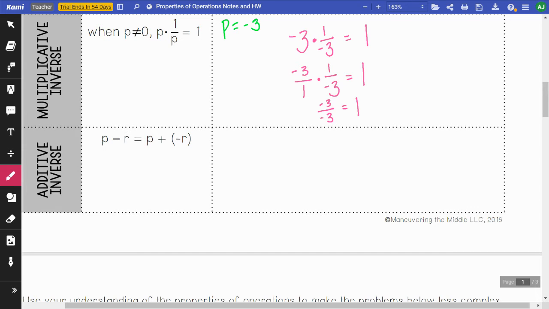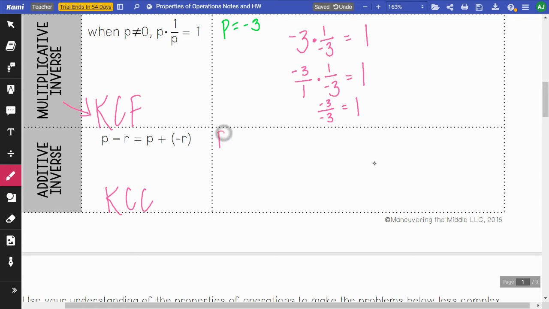So that's just helping you make it not as complex. All right, we also have our additive inverse. Keep change flip helps the multiplicative inverse, where you can multiply by the inverse of that number. Additive inverse is your keep change when you change from subtraction to addition.